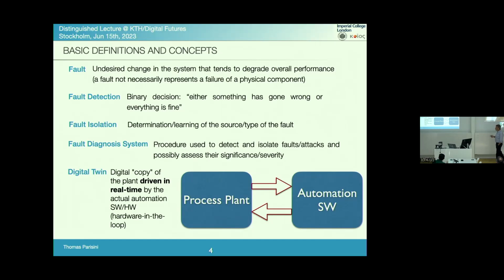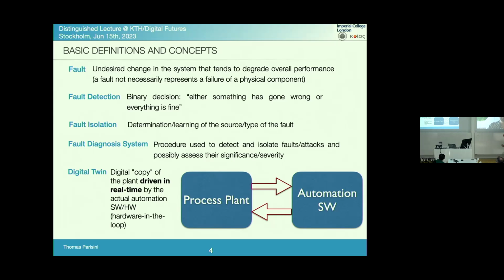If you go beyond just detection, fault isolation is to determine the source or type of the fault. So after you detect that something has gone wrong, you want to locate where the problem is in your distributed system. And fault diagnosis is the entire procedure of detecting, isolating, and possibly even evaluating and quantifying the problem that has occurred.